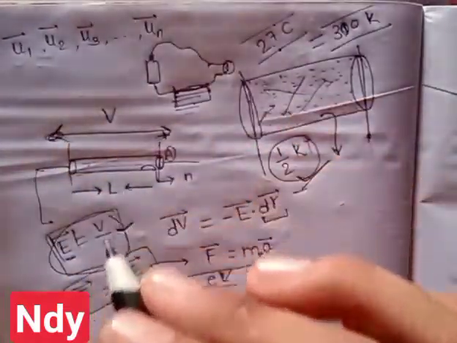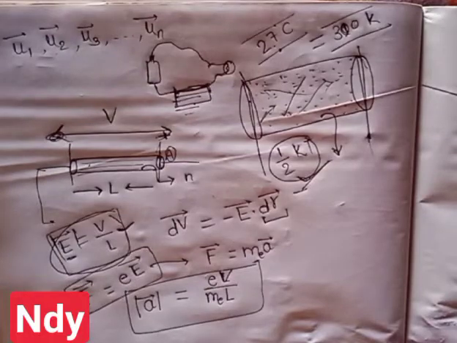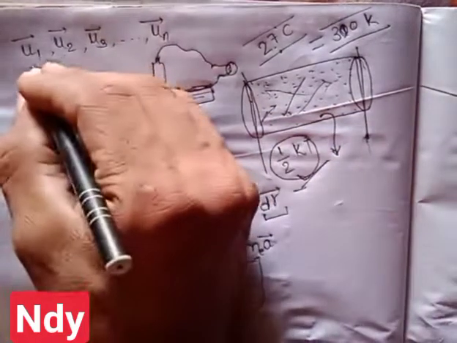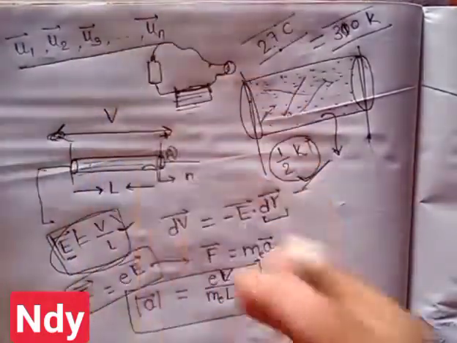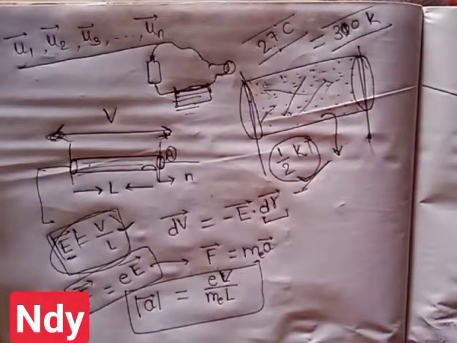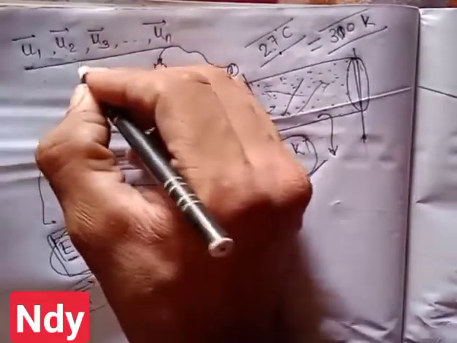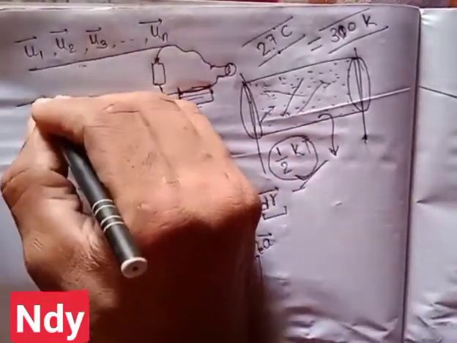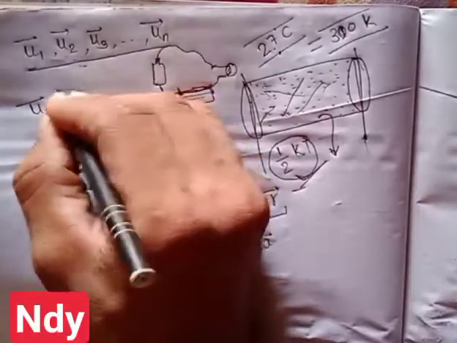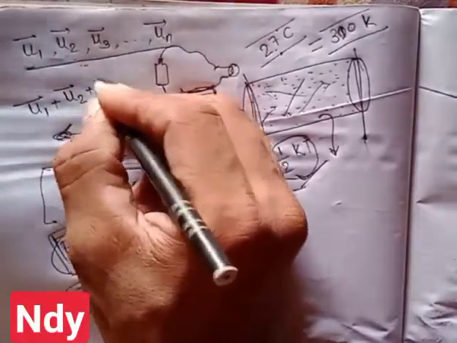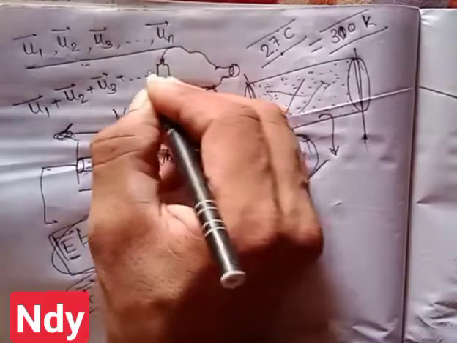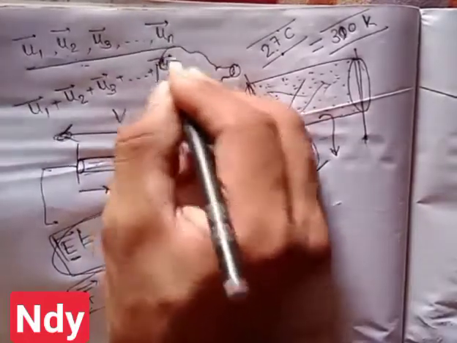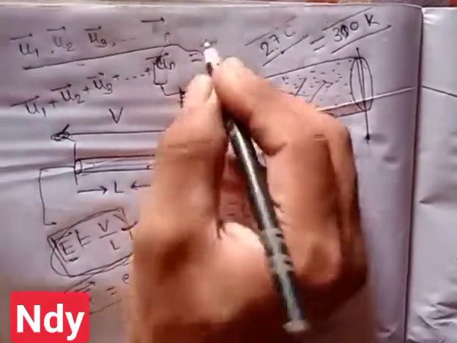In the case of random thermal motion, when there is no electric field applied by us, these vectors move in such a way that the resultant of all these vectors is 0. This means u1 vector plus u2 vector plus u3 vector plus so on up to un vector is equal to the 0 vector.